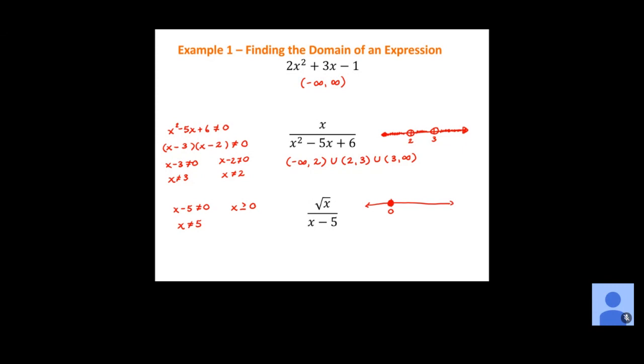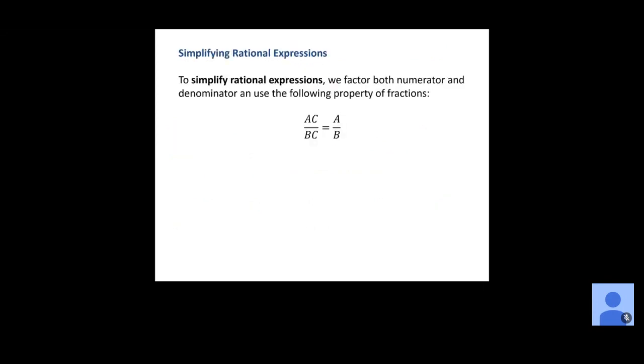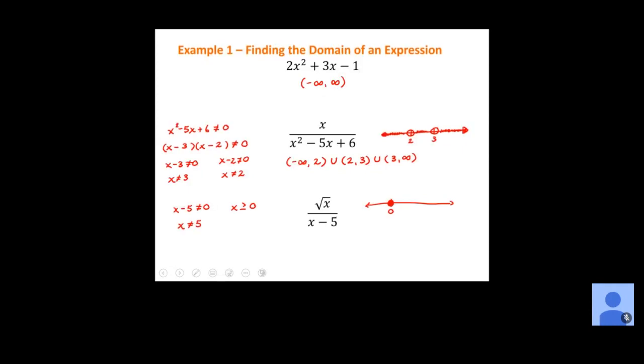And now I want everything greater than or equal to that, except x cannot be equal to 5. So when I get to 5 over here, I know I'm not going to include that value, so there needs to be an open circle. Okay, so we're shading everything that's greater than or equal to 0, except 5.